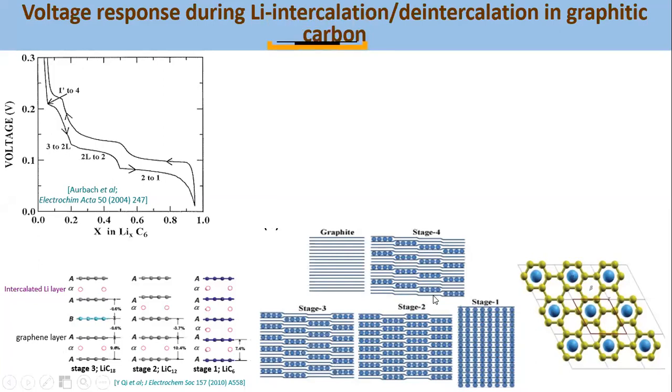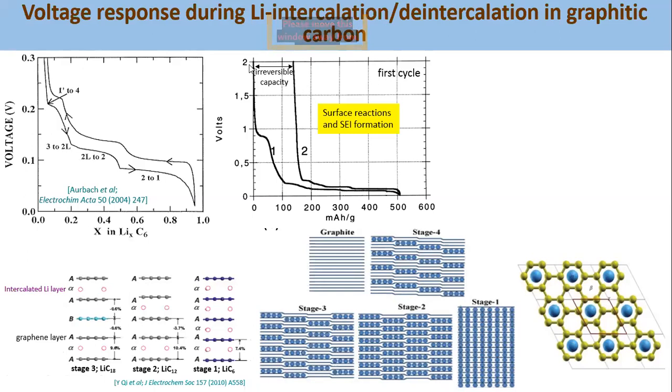Then similarly, there is stage 2, where between two graphene layers there will be one layer of lithium. And in stage 1, this entire structure will be filled with lithium with the formula of one lithium by 6 carbon.